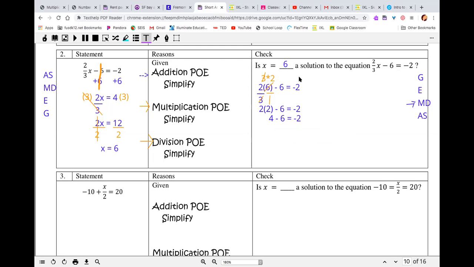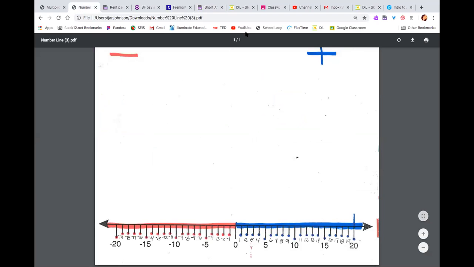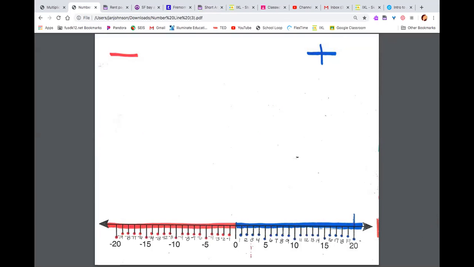Okay, so now I'm over here with the addition and subtraction. So 4 minus 6. Okay, let's see. So my start is 4. My change is -6. So she counted backwards.